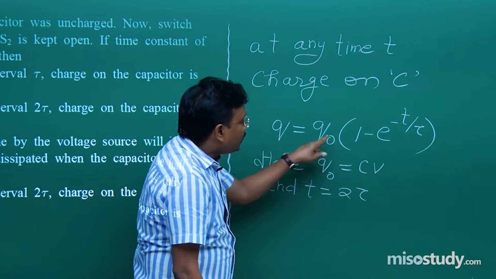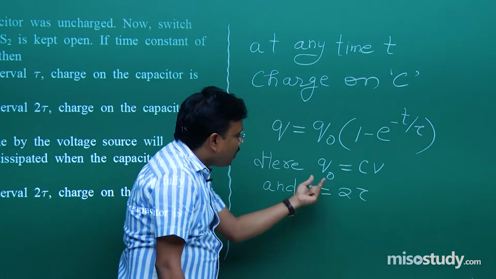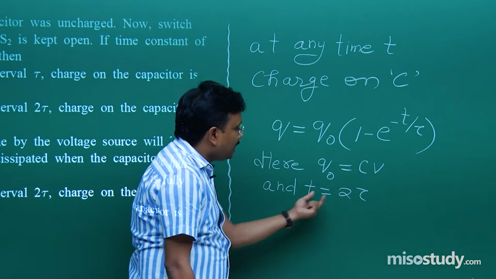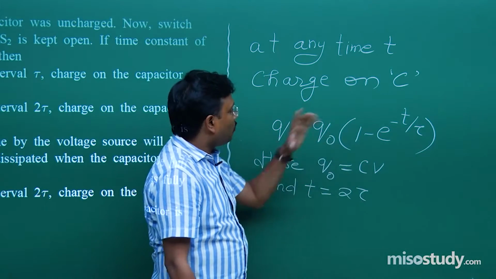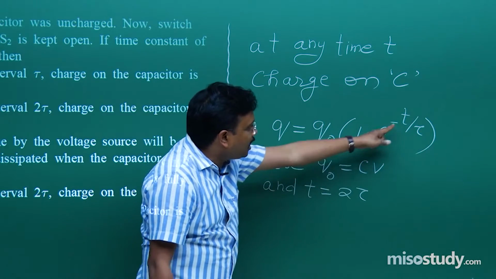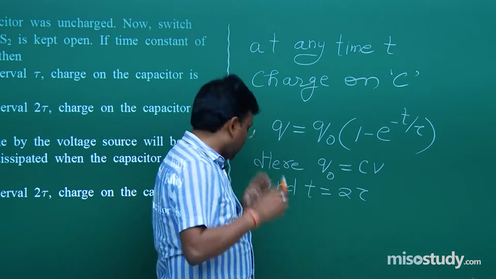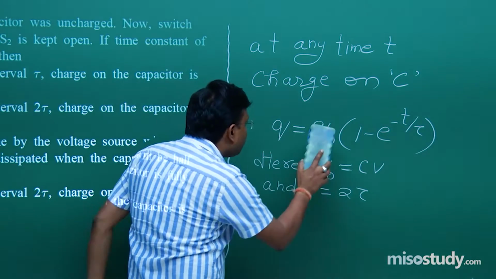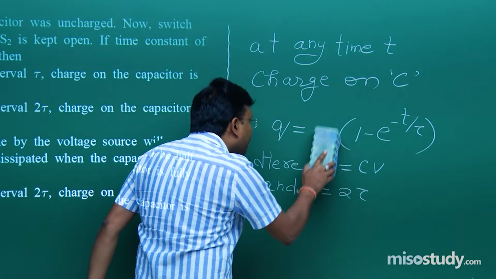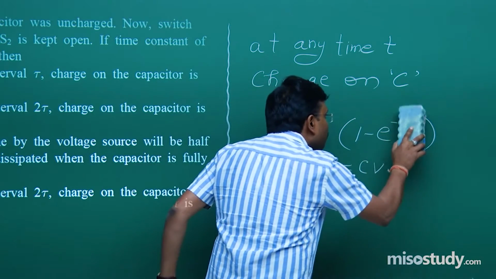So, Q equals Q naught times 1 minus e to the power minus t by tau. Now, Q naught is CV and t is equal to 2 tau. So what you have to do? You just replace Q naught by CV and t by 2 tau. So rather than writing a new equation, I will use a different color chalk to replace these values.